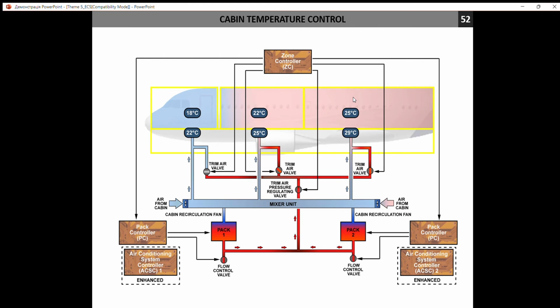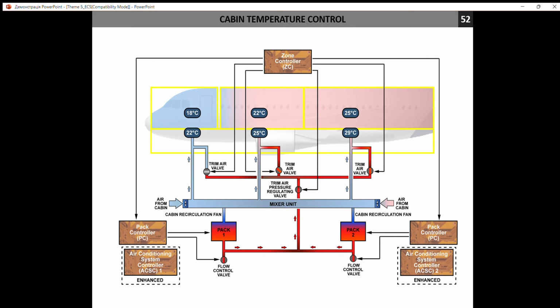And it could be more, or it could be 2 zones, or sometimes 1 will be enough. But a separation into zones gives us the capability to regulate air directly for each individual zone.